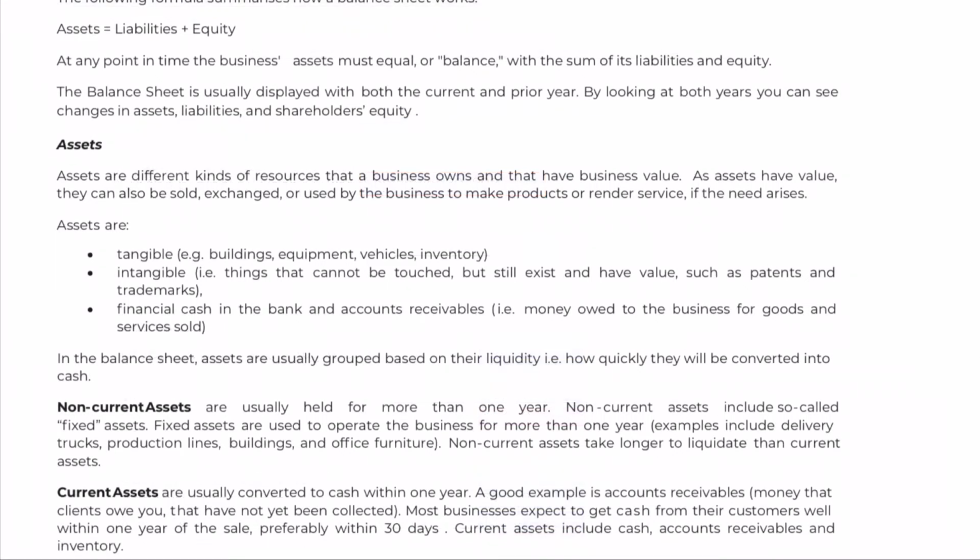The other category is current assets, which are held for less than 1 year, which means that they can be turned into cash or easily liquidated. These are cash and cash equivalents, which is more or less money or items of a similar nature; accounts receivables, which is money owed by customers who have received products and services and have already been billed for them; and inventory, which is your current stock of products or items that you have for sale.